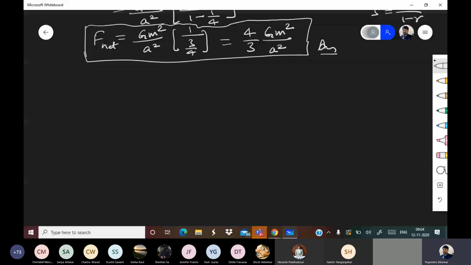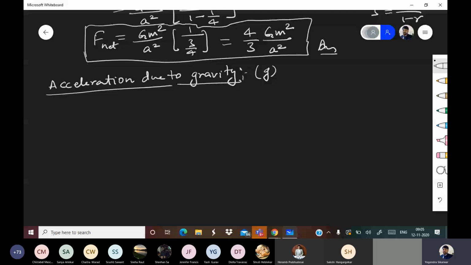Acceleration due to gravity is nothing but g. We have talked about this g when we were solving questions in previous classes, specifically in motion under gravity, in rectilinear motion. How to calculate it and how it varies, we'll be talking about this.